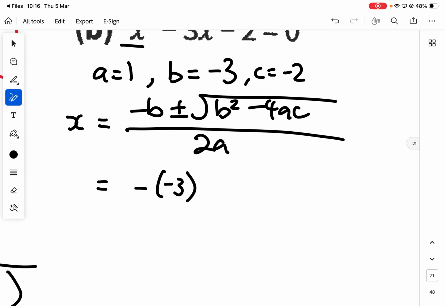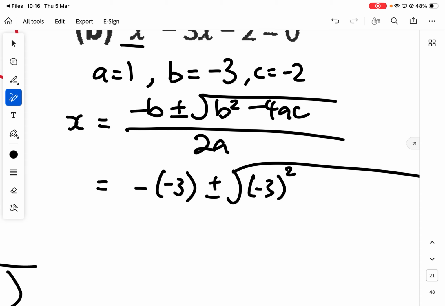Okay? Then plus minus square root. I am squaring b. So again, I must put b inside a bracket, then square. If I don't put bracket, you will get it wrong here also. Your calculator will give you wrong answer if you don't put bracket.